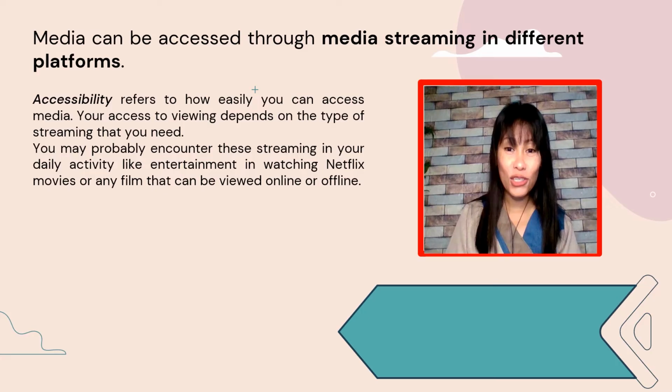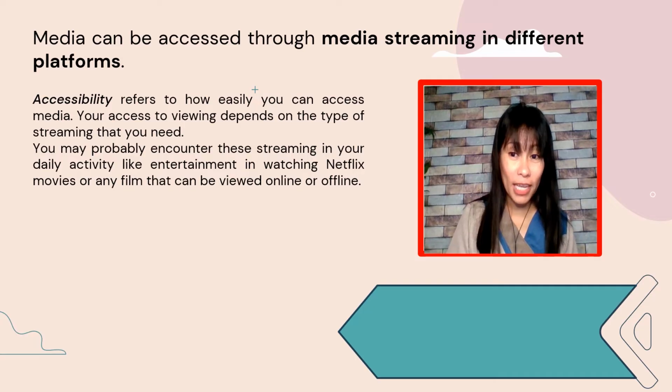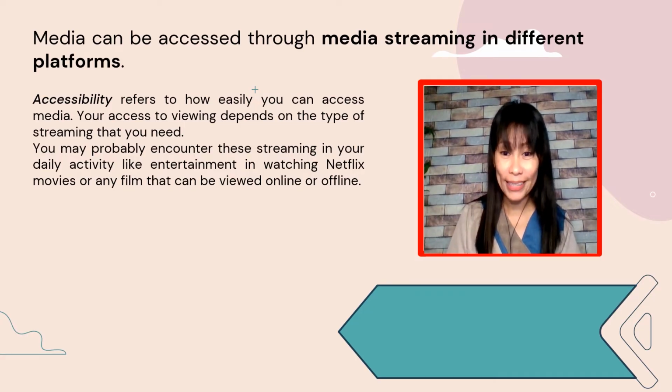Your access to viewing depends on the type of streaming that you need. You may probably encounter this streaming in your daily activity, like entertainment, watching movies on Netflix or any film that can be viewed online or offline.